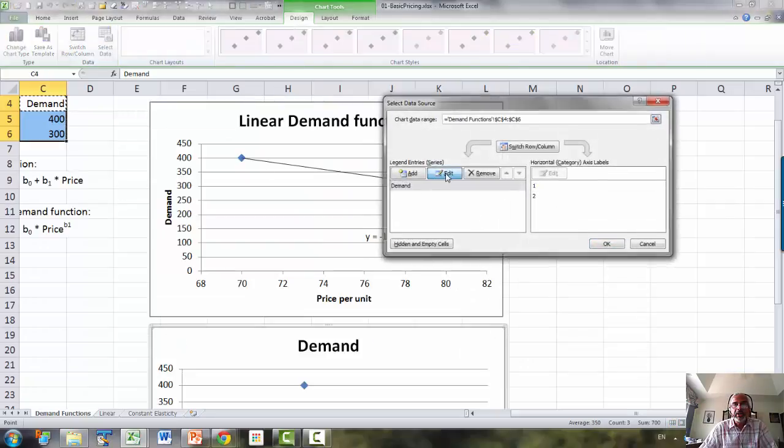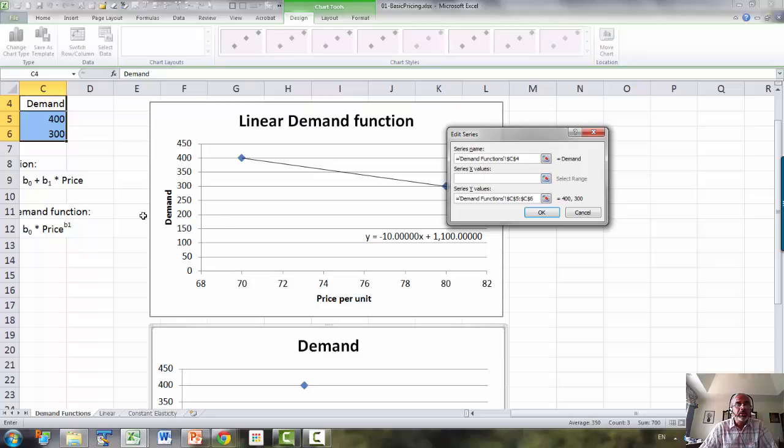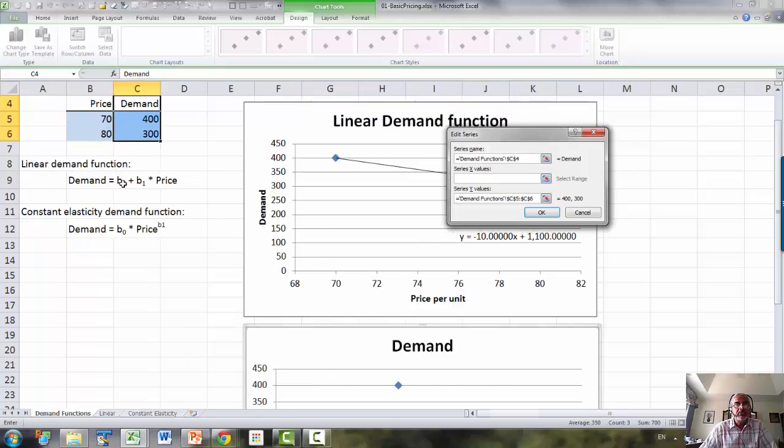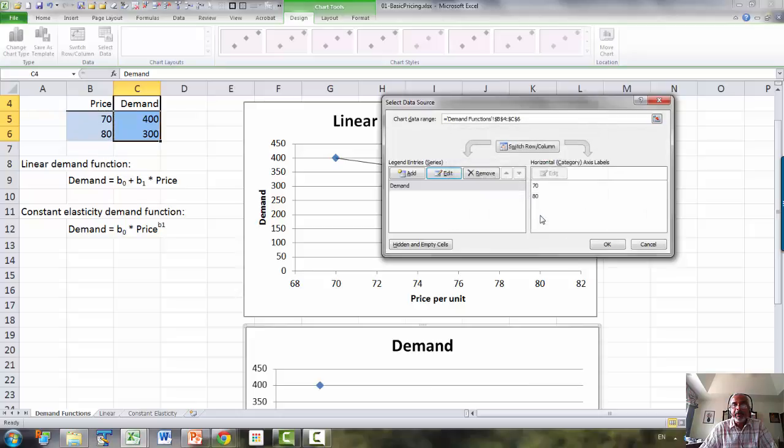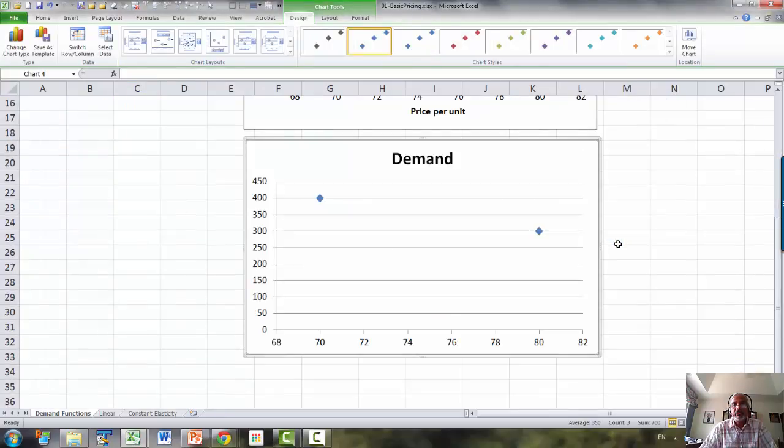For demand, edit and include the x-axis values. Don't forget that. Now click OK.